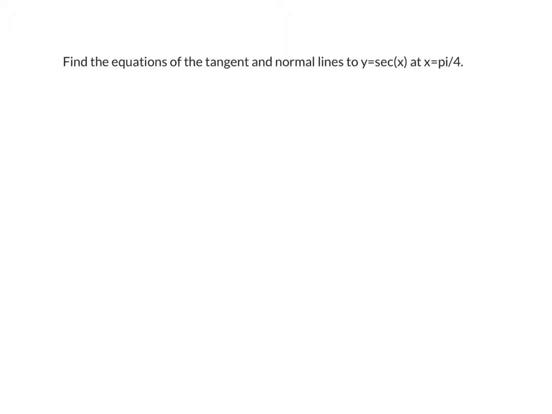So whenever I think equations of tangent and normal lines, the first thing that comes to my mind is the equation of a line. So I'm going to start with y minus y1 equals m times x minus x1.